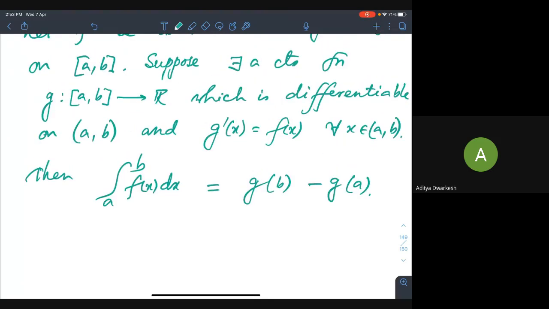Right, you already know it from school. In school, when you want to integrate, you want to find a function g whose derivative is this function. And that's how you did the integration. That's how you evaluate the integration from school, right?